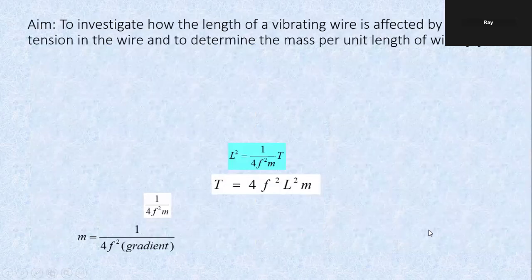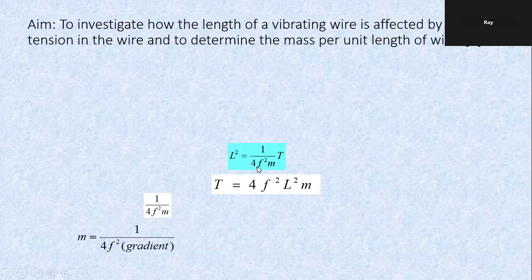Okay, so you want to investigate how the length of the vibrating wire is affected by tension in the wire, to determine the mass per unit length of the wire. Right? This is the formula that is given.